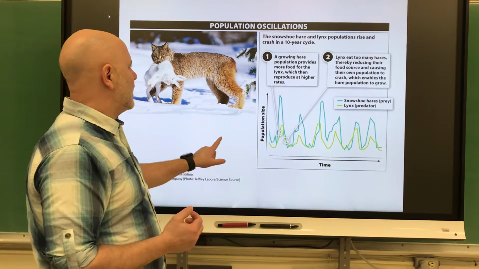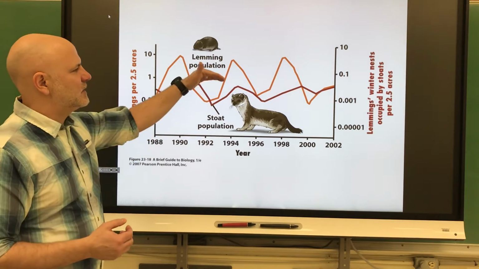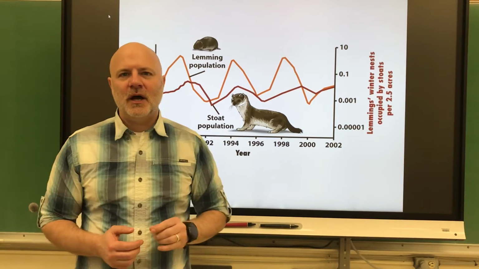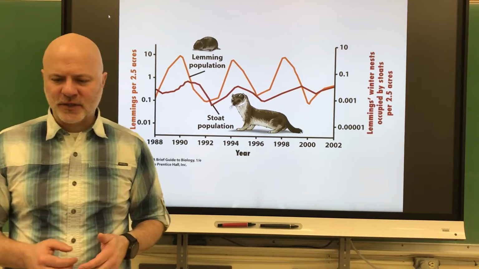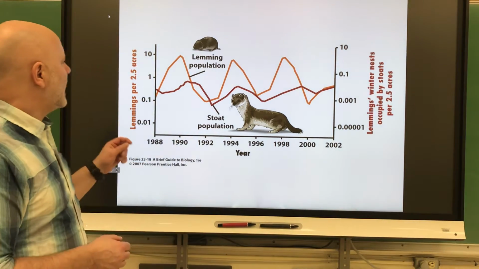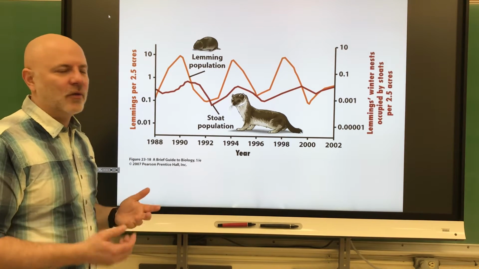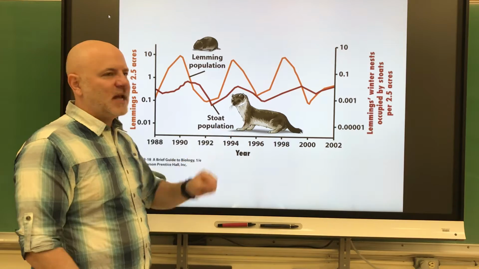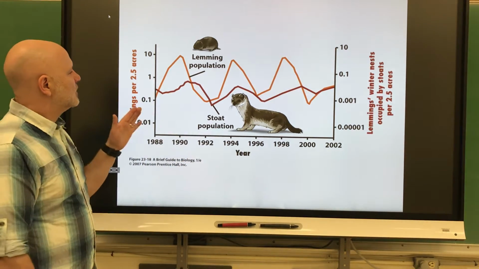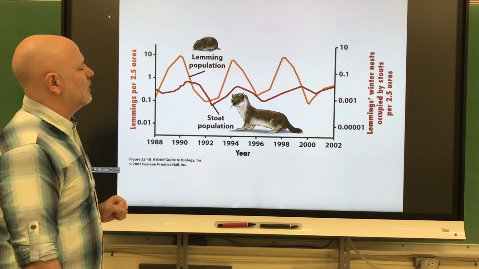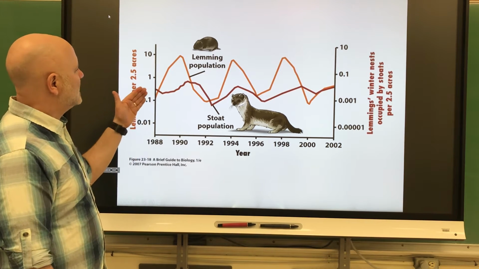But if it's a single predator, single prey species situation, you're going to see these fluctuating, up and down cycles in both populations. This is showing lemmings, which are small rodents, and this is a stoat, which is a small weasel, and these are found in Europe.